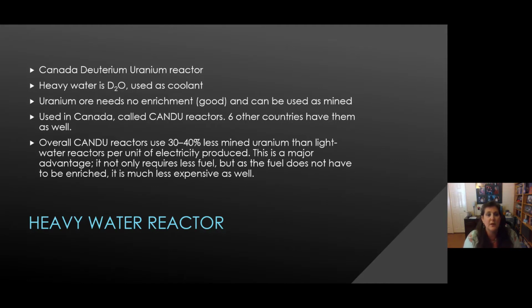So again, you can just take uranium straight out of the ground and don't have to enrich it at all. So you should remember, other types of nuclear reactors besides what we have in the United States are breeder reactors and CANDU reactors. Those have significant advantages over what the United States uses, which is a light water reactor.